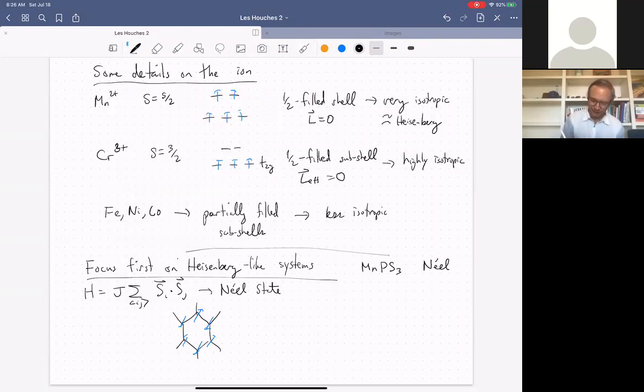Okay. So this is a feature of these very low anisotropy systems. This is described theoretically by an order parameter, which is a Néel vector, n. When it's isotropic, the direction of n is arbitrary.